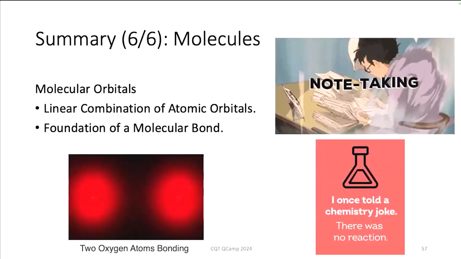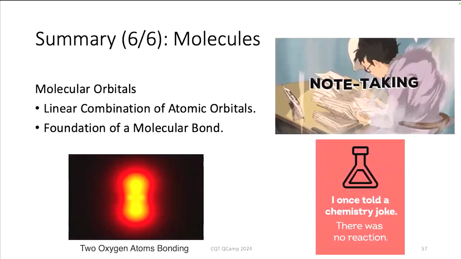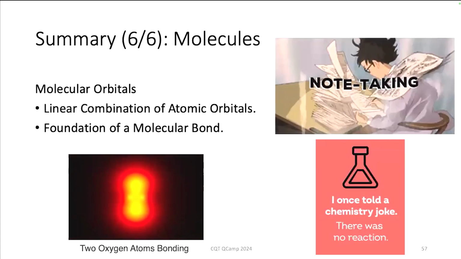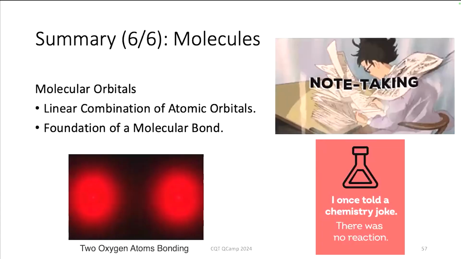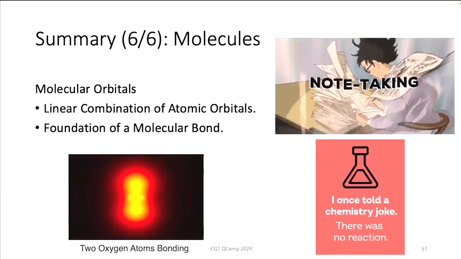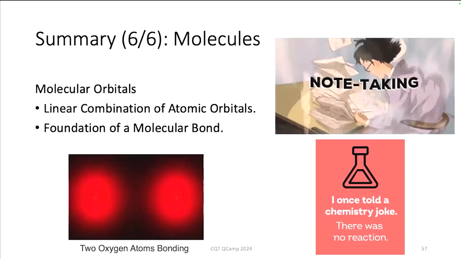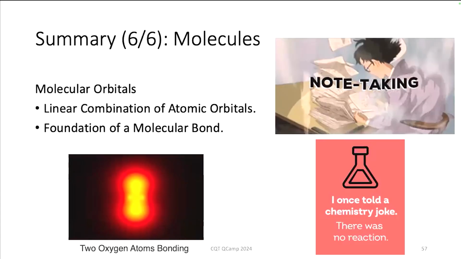So in summary, the molecular orbitals that we just discussed are basically just linear combinations of atomic orbitals, and they serve as a foundation for the molecular bond. And how you get the molecular orbitals exactly is by solving the time-independent Schrödinger equation. One example here is two atoms bonding.